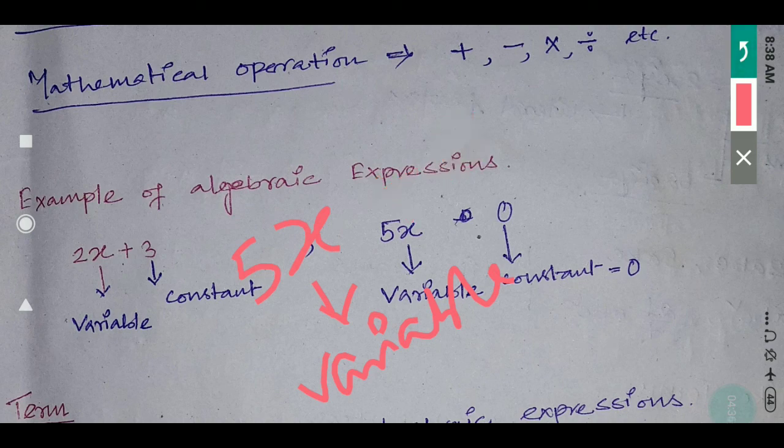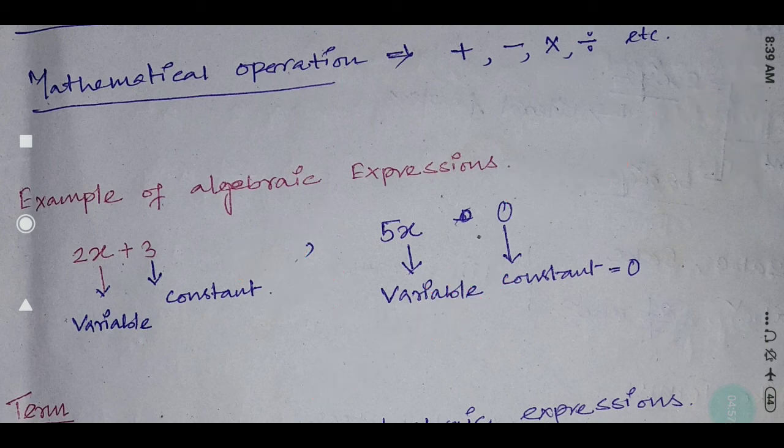So the constant is 0. And is a mathematical operation there? Yes, because 5 into x is there, 5 is multiplied with x, and multiplication is also a mathematical operation.